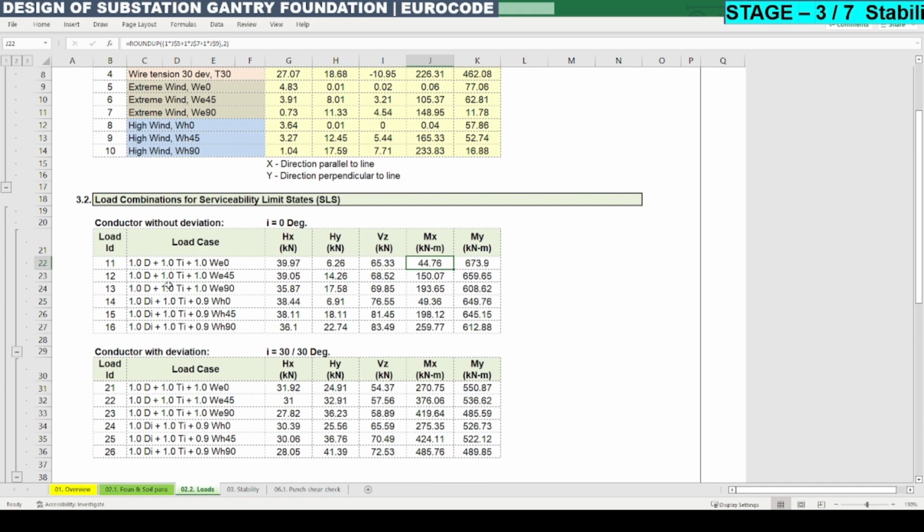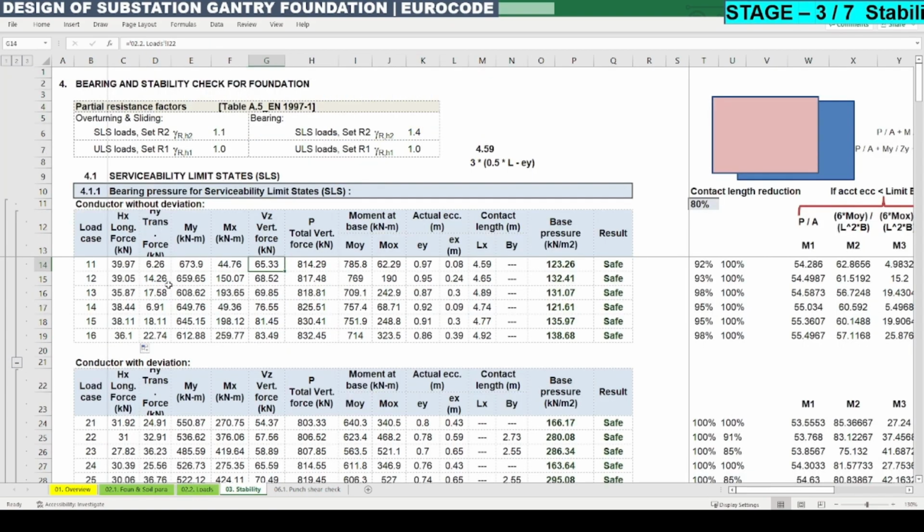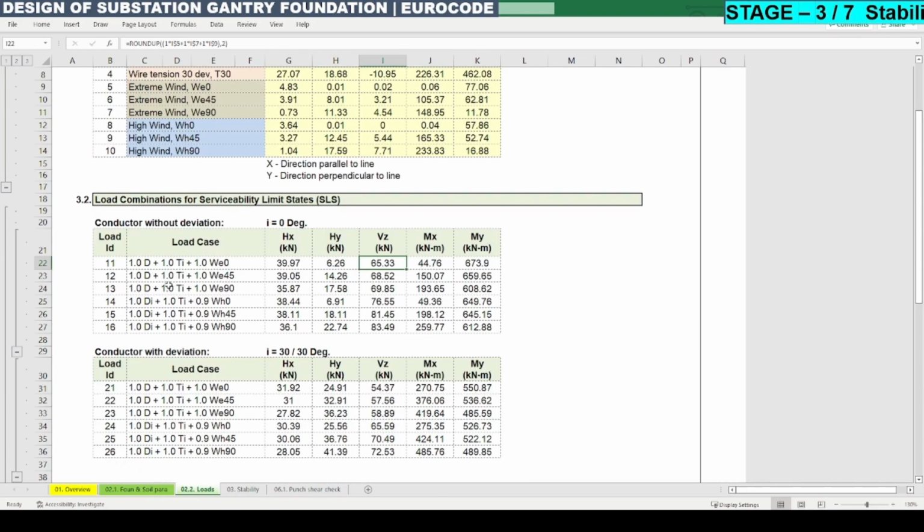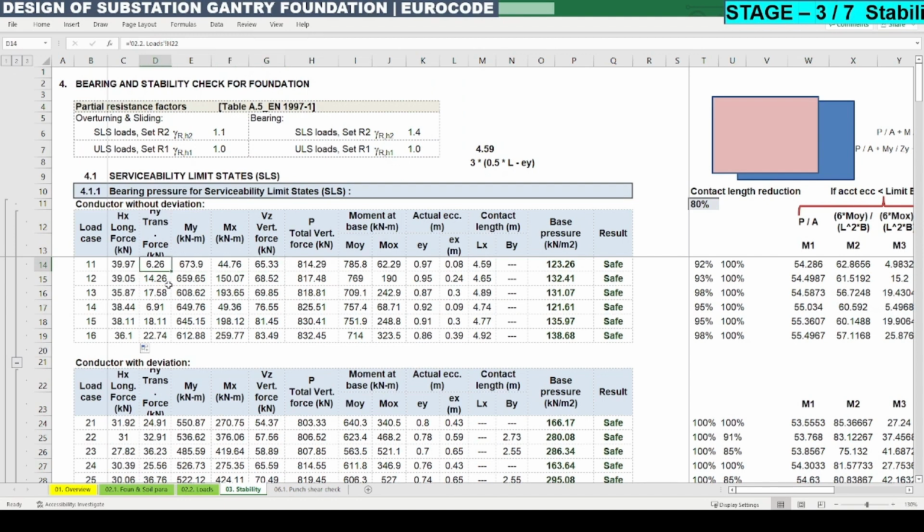So Mx and vertical force also we can get from this load combinations tab. Now all these values we have calculated from the load cases from the structures, so we can copy paste the same formula.